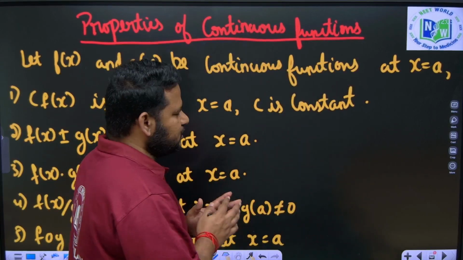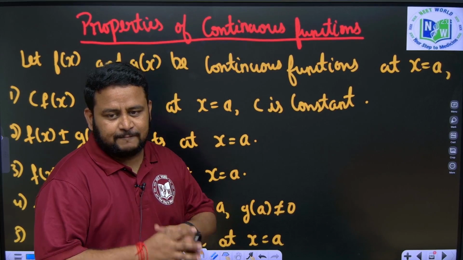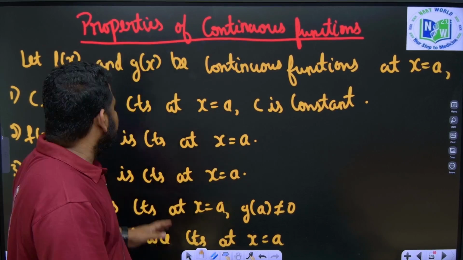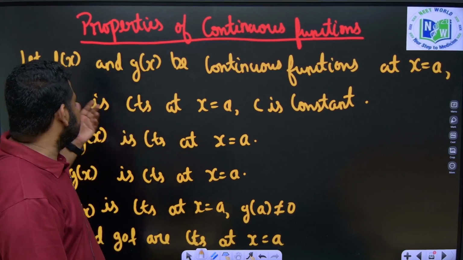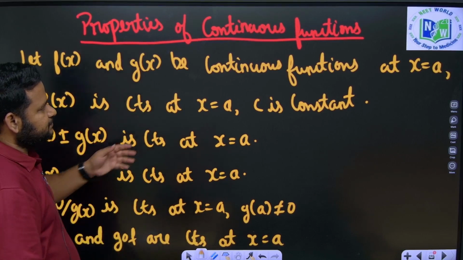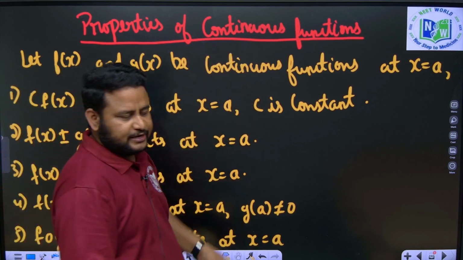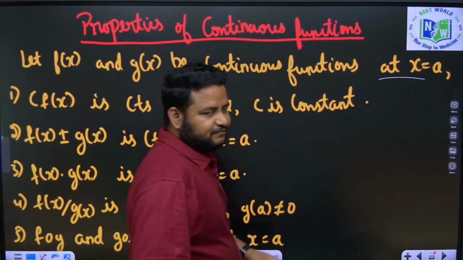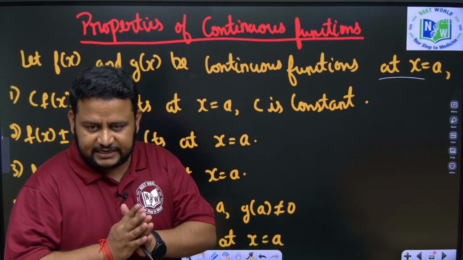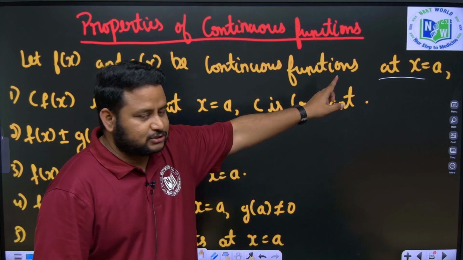First, we should know certain properties of continuous functions, then we can solve that question. So what are the properties of continuous functions? See, let f of x and g of x be two functions such that both are continuous at x is equal to a.